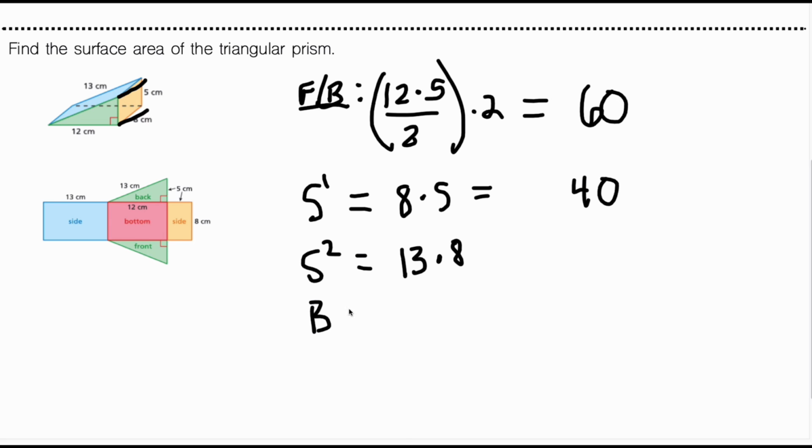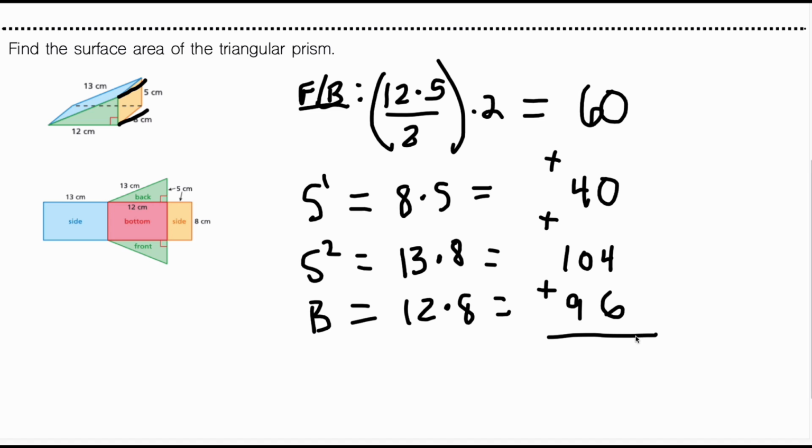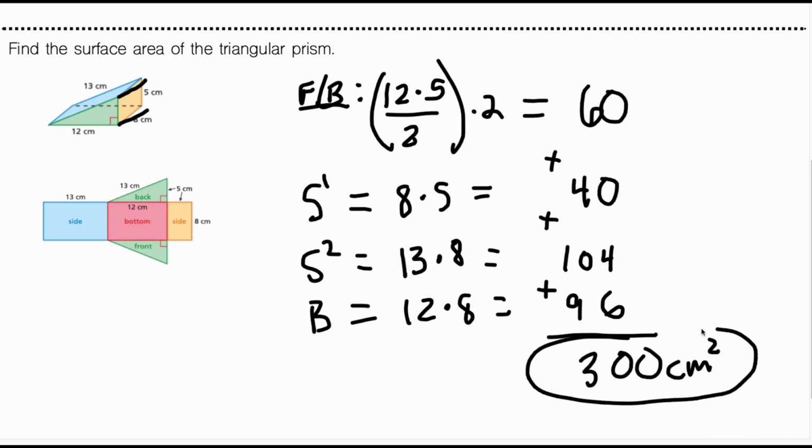That would be 12 by 8. So all together, we could add all of these surfaces up. We've got 104, and we've got 96, and then we have to add all 5 sides together for the total surface area, and that would be a total of 300 square centimeters.